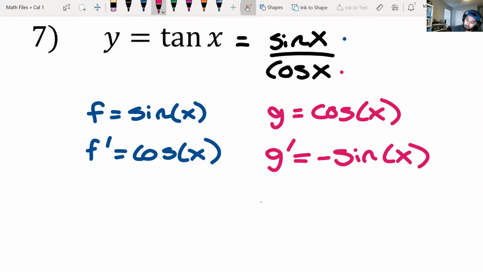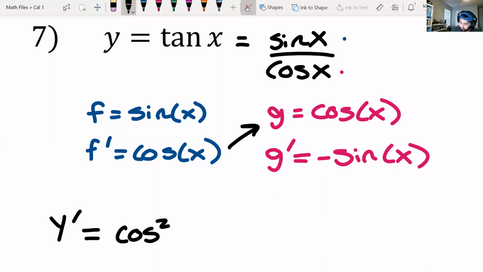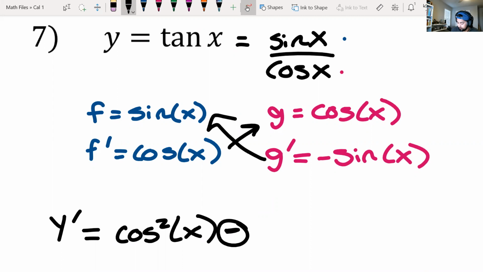Okay. Doing the quotient rule, we start with y prime, and we do f prime g, which is cosine squared x, minus g prime f, which is going to give me negative sine squared. So the middle sign is going to become what? Positive.